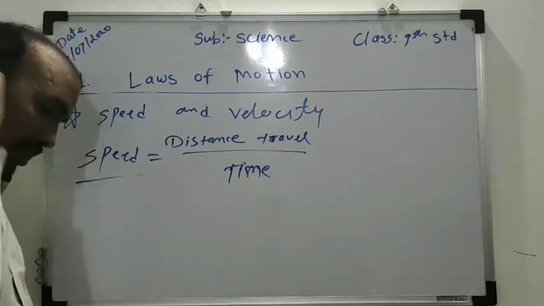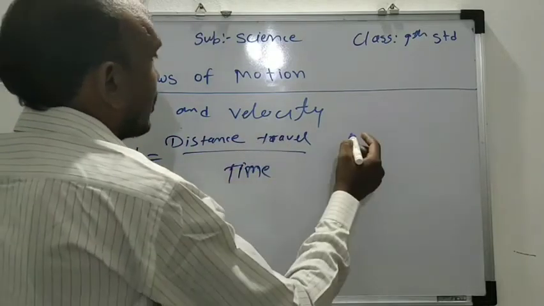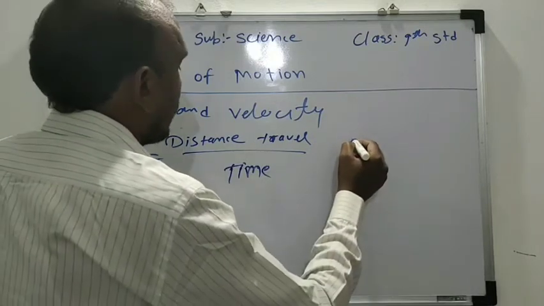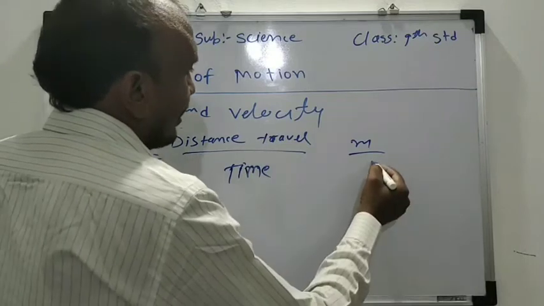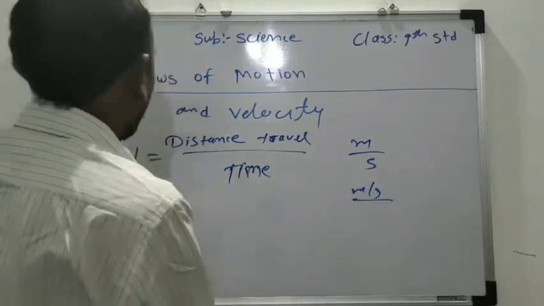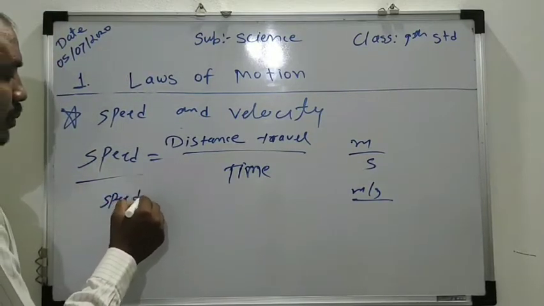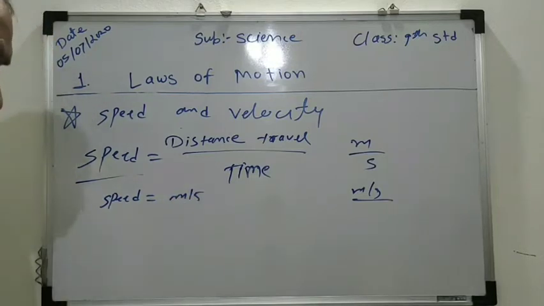So what is the SI unit of speed? Distance is measured in meters and time in seconds. So meter per second is the unit of speed.